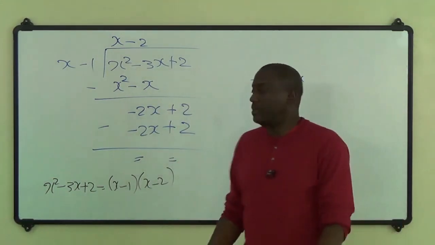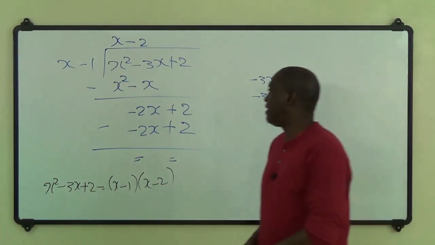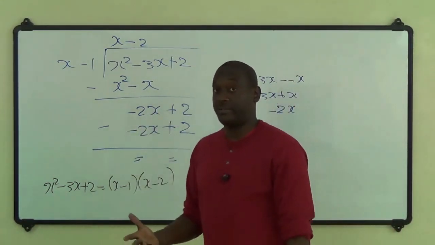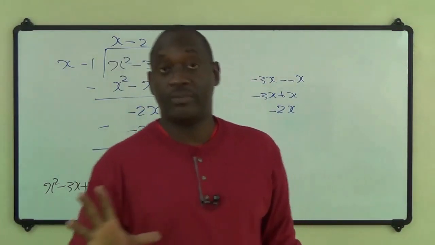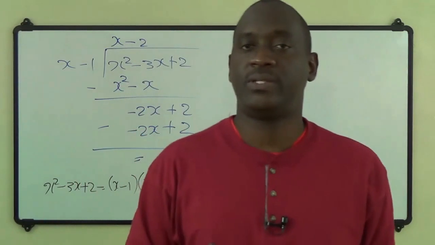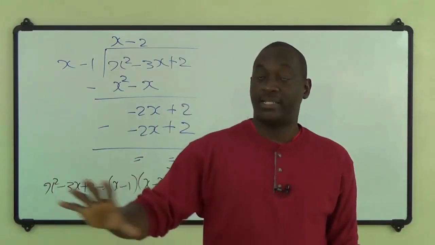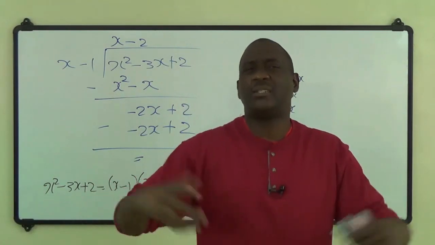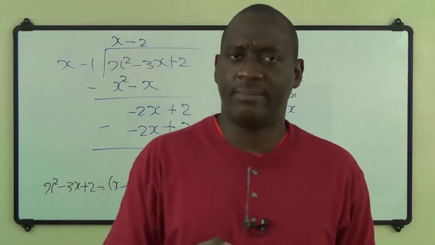So even though at the level of maths you wouldn't factorize a quadratic using long division, when you get to add maths, long division is one of the methods you could use, because some of the regular methods that you would use at the level of maths will be a little too cumbersome if you try to apply them directly at the add maths level.